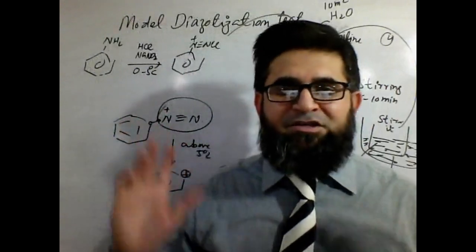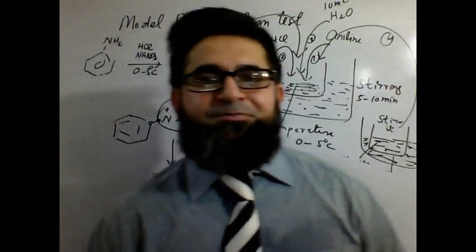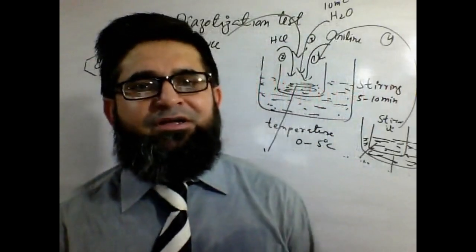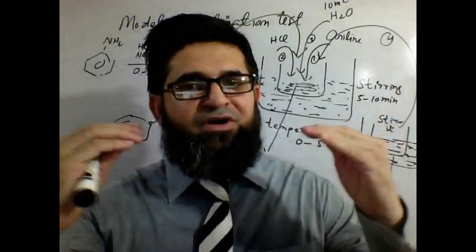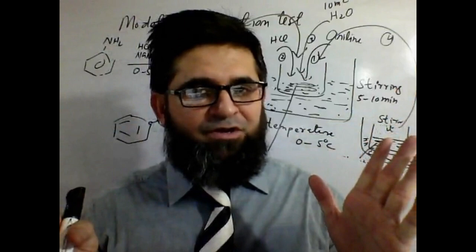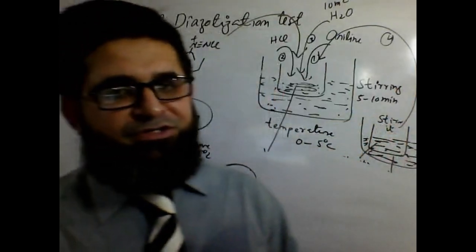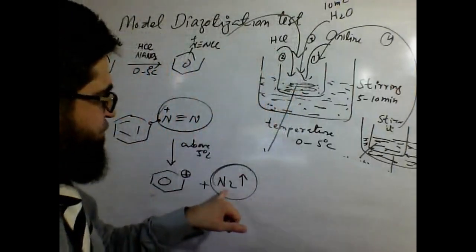That is the subject of another lecture, where I will explain the use of diazonium ions, the diazotization salts of benzenes, to react with nucleophiles as well. At the moment you need to keep the temperature from 0 to 5 degrees, so there should not be an evolution of nitrogen.